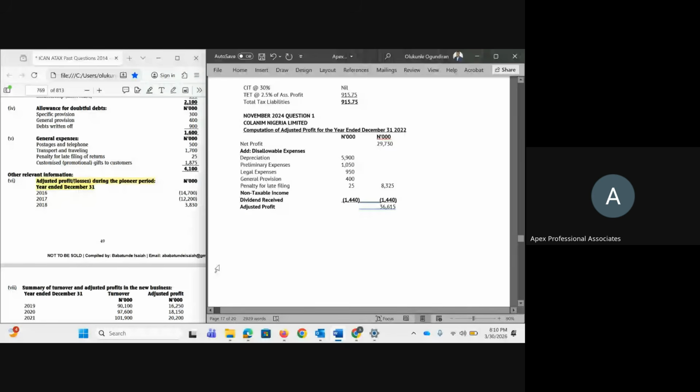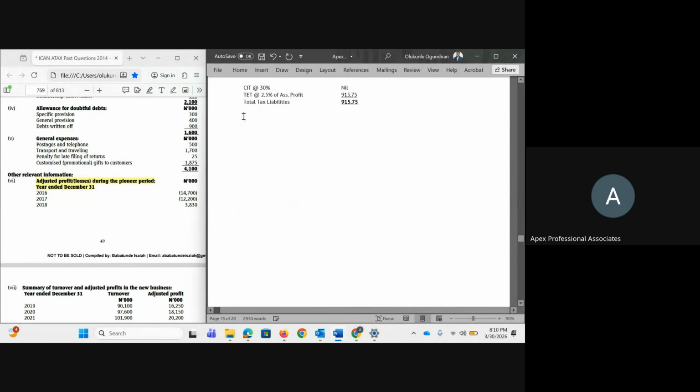And then we can now go ahead. So the B part. Let me use the computation.